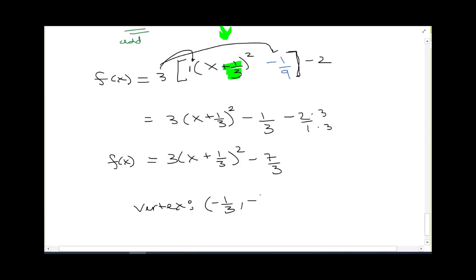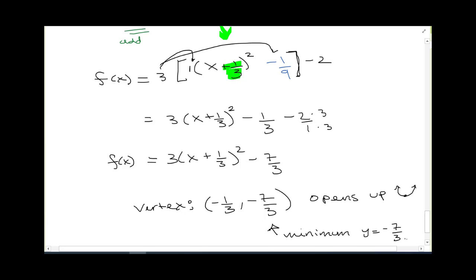And this one stays as it is, negative 7/3. So that's the vertex. And this parabola opens which way? Upwards or downwards? The 3 is positive, so this opens upward. So that means you have a happy face parabola, which means you have a minimum. So the minimum value is y equals negative 7/3.